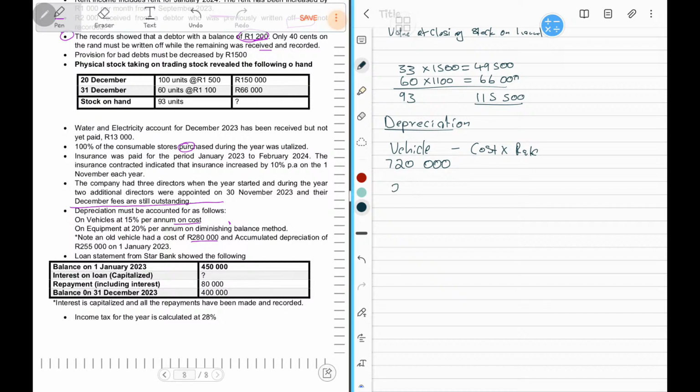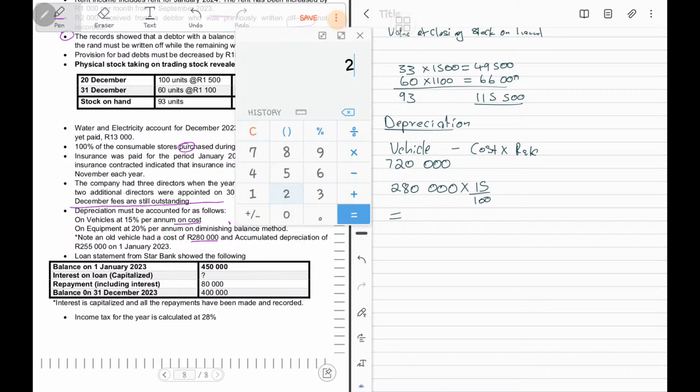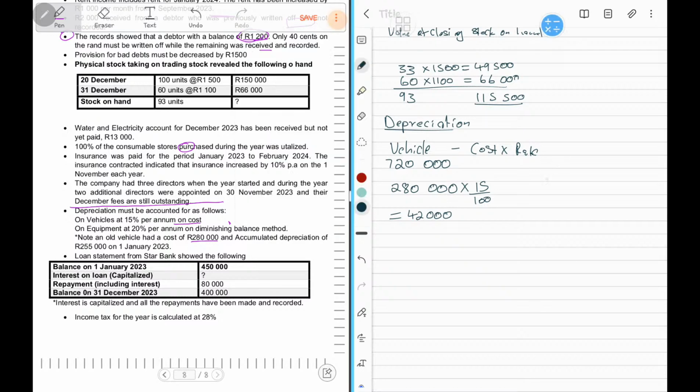So we're going to say 280,000. Then we're going to multiply it by 15 over 100. That gives us how much? That gives us 42,000. Okay. So now let's test it. When we test, we're going to say cost at the beginning.